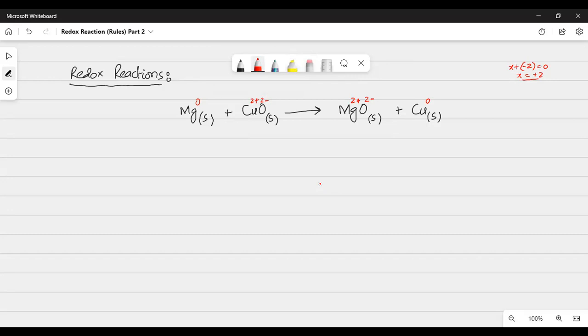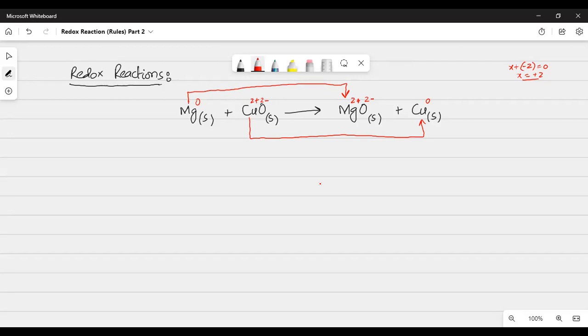Now, let me tell you that in terms of tips, what we do tell our students is that mathematically speaking, if any element moves from a smaller number to a bigger number, notice magnesium is going from 0 to +2, and copper is doing the opposite of moving from +2 to 0. So definitely reduction and oxidation are actually happening on magnesium and copper.